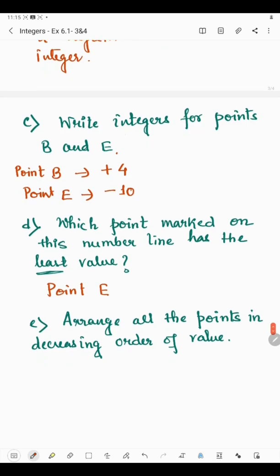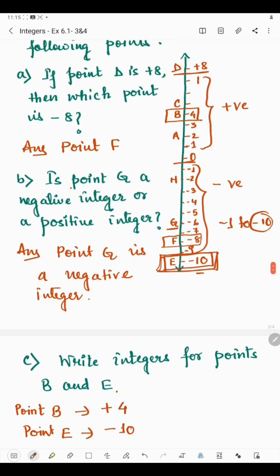Now in the last part of this question we have, arrange all the points in decreasing order. Decreasing means big to small. If you check the figure, point D has the biggest value, which is plus 8, and from there the numbers are decreasing.